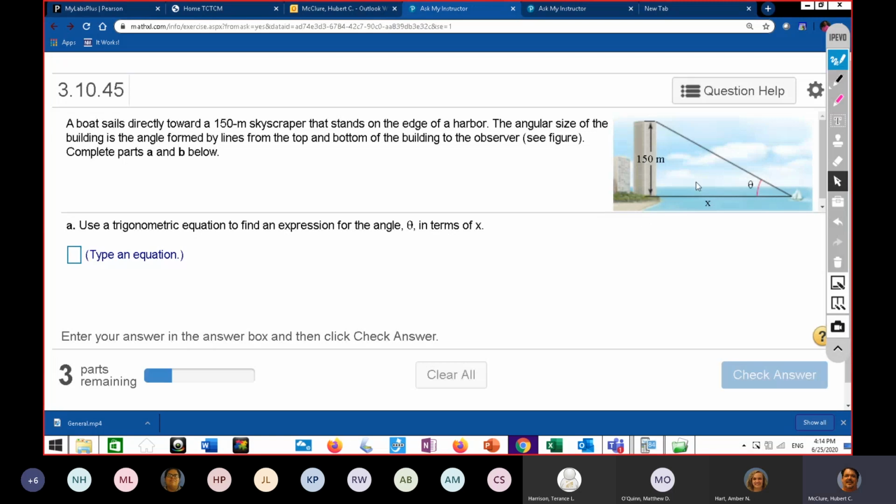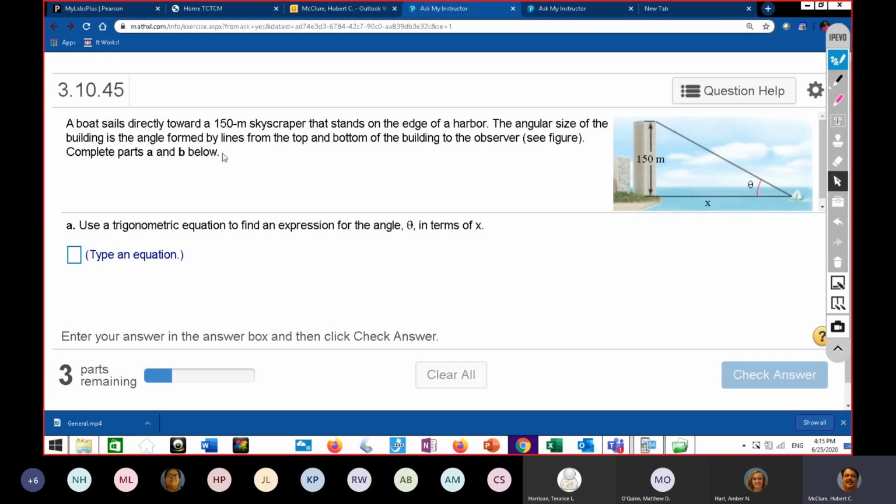Okay, this has got a picture on it, so y'all automatically do what when you see a picture? Draw it. There you go. A boat sails directly toward a 150 meter skyscraper that stands on the edge of a harbor. The angular size of the building is the angle formed by lines from the top to the bottom, see figure.